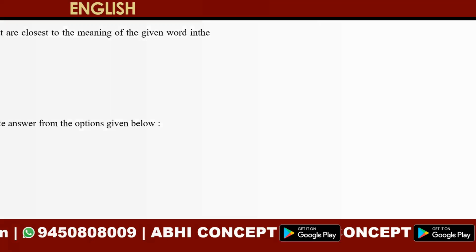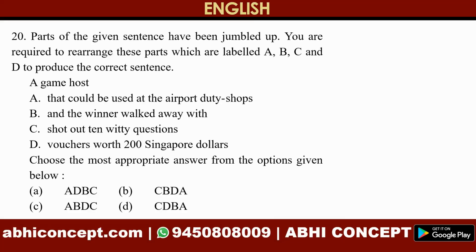Okay. Question number 20. Jumbled sentences again. A, B, C, D. A game host shot out 10 witty questions that could be used at the airport duty shops.